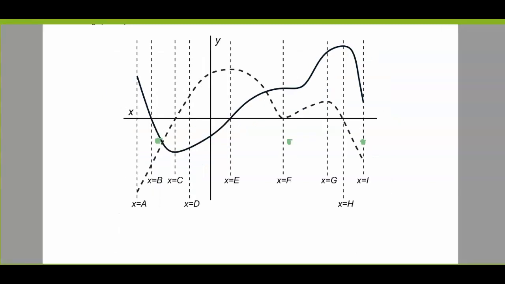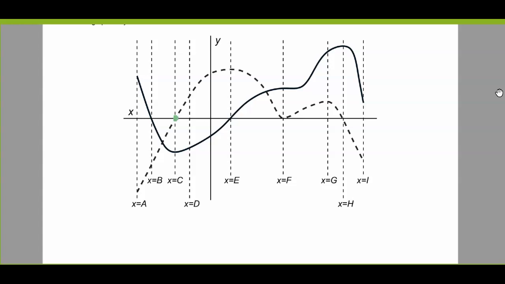So let's do this. Let's shrink our graph a little bit so that you can see what I'm writing as we're discussing. Let's talk about the point x equals c. So let's talk about this particular point here. So at x equals c, h of x goes from negative to positive.